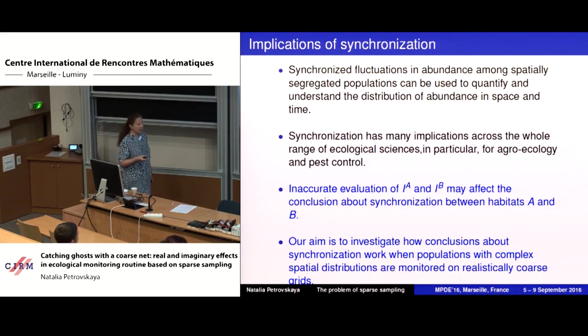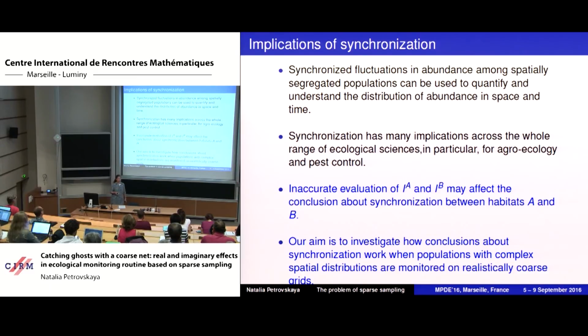Obviously, if for instance we have my favorite problem, the problem of insect pest control, we have 2 fields, and if we are aware of synchronization between those 2 fields, then we can save our resources and just monitor the first field, and any conclusion we may then have about the first field will be true and correct when we apply it to the second field as well.